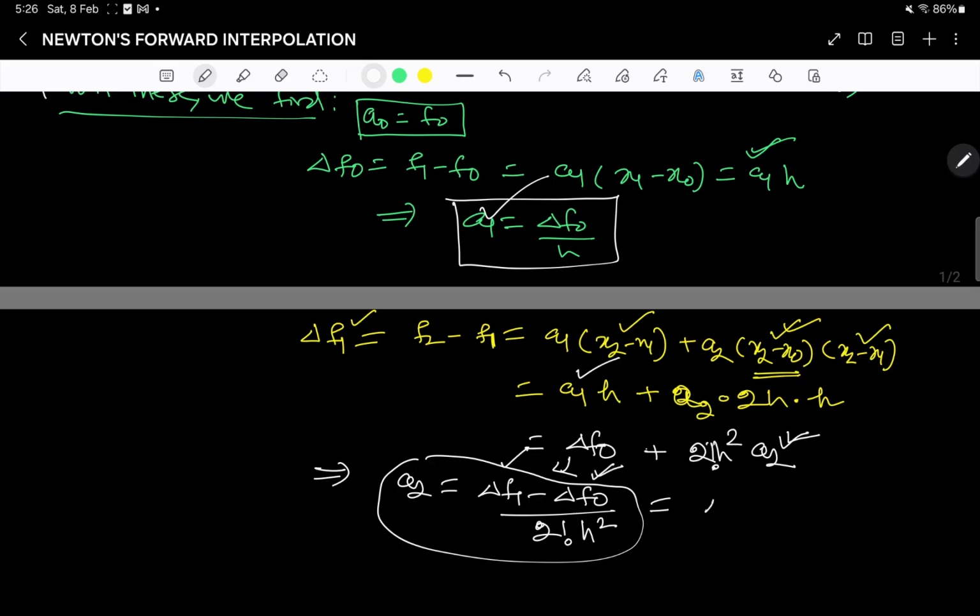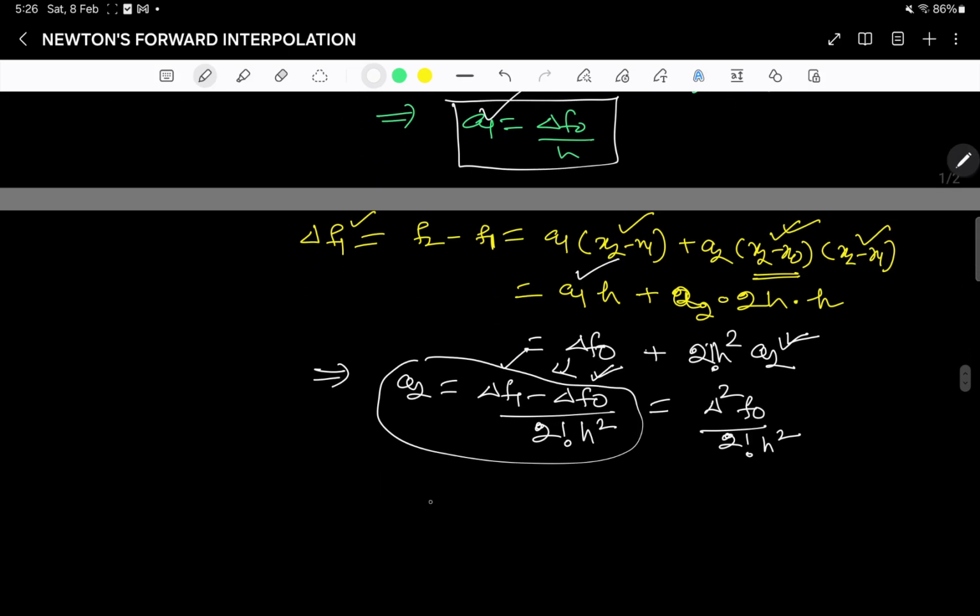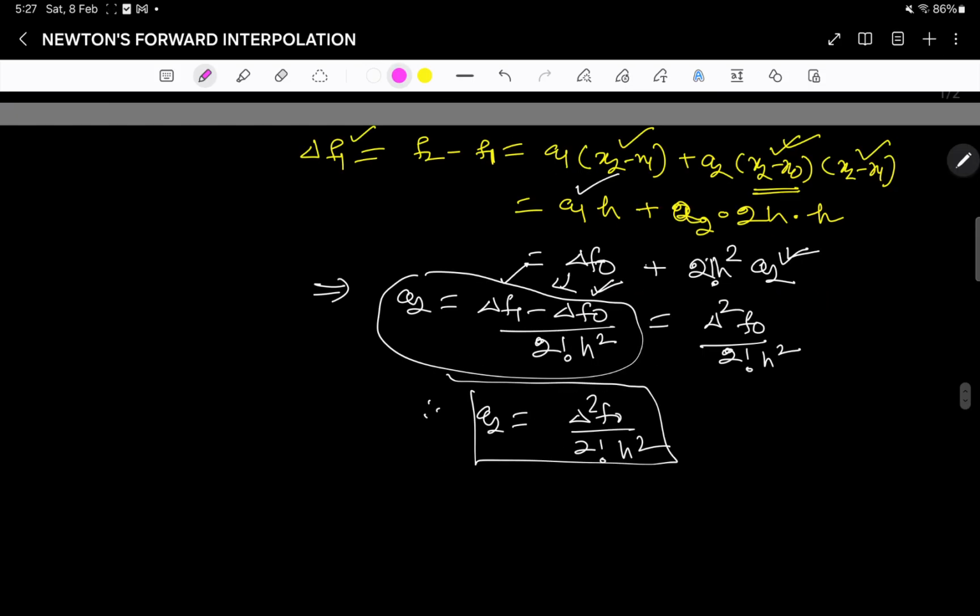It is del square of f0, del square of f0 by 2 factorial h square. So therefore a2 will be del square f0 by 2 factorial h square, right? Likewise a3 will be del cube f0 by 3 factorial h cube.